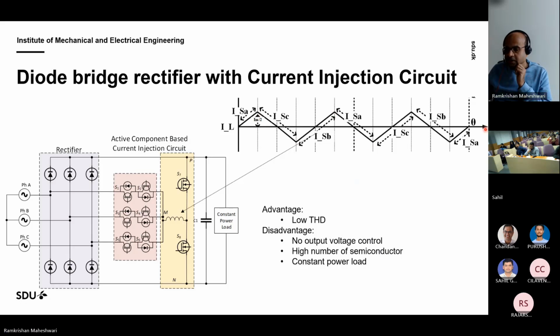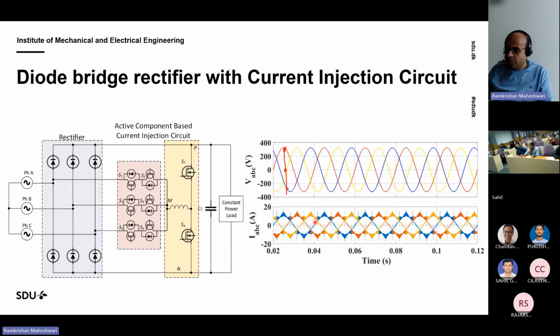If I have an inductor current like this, then at that moment the current is like this in phase B, and we can achieve a unity power factor in the phase. So now with this extra small circuitry, we can achieve unity power factor even with a passive rectifier.